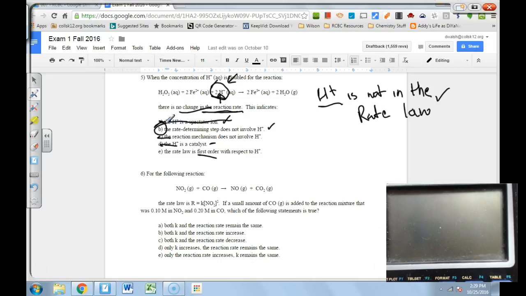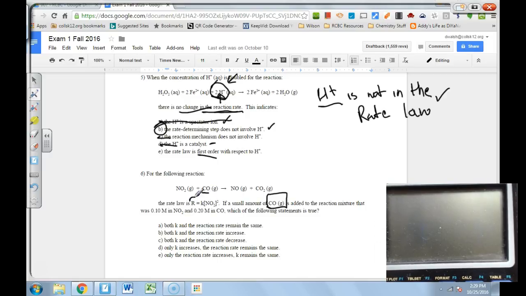Okay, and then the last one here, question number 6, says, for the following reaction, the rate law, blah, blah, blah, and it says, which of the following statements is true? Okay, so these two questions are kind of related, because what we're saying is that CO is added to the mixture. And if CO is added to the mixture, notice what happens.